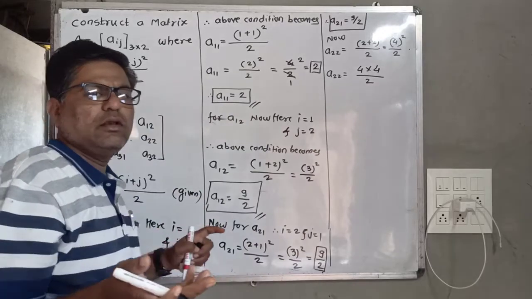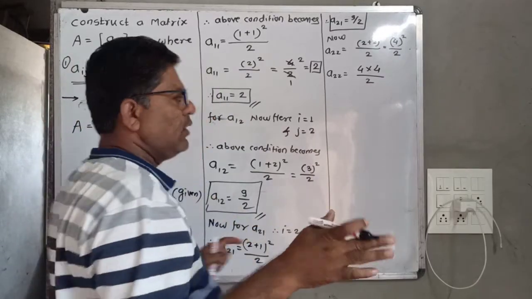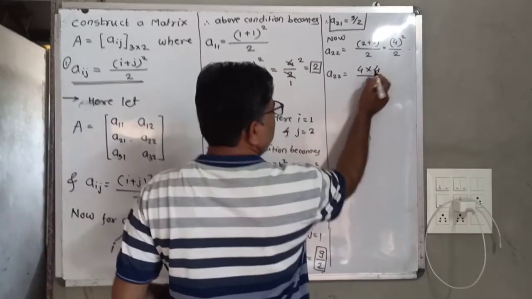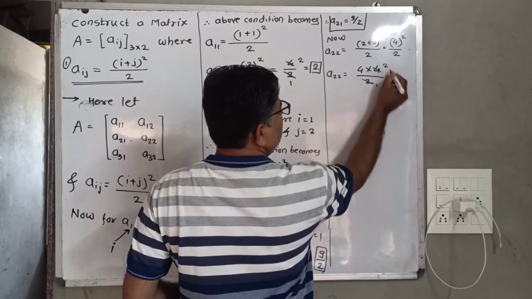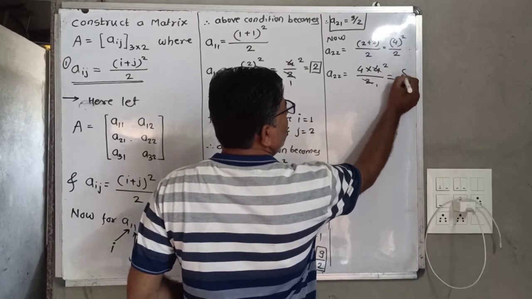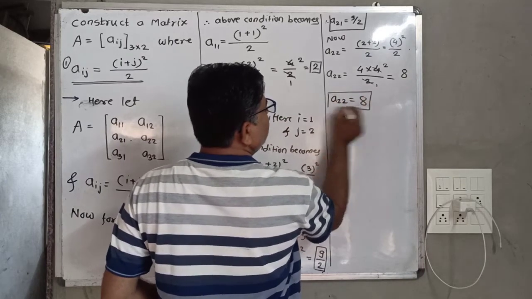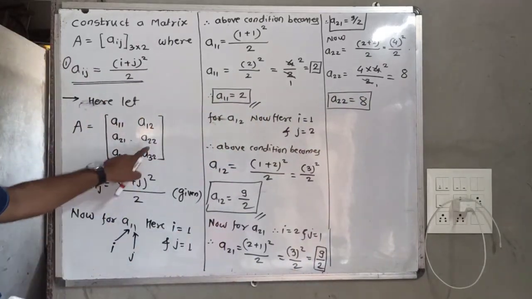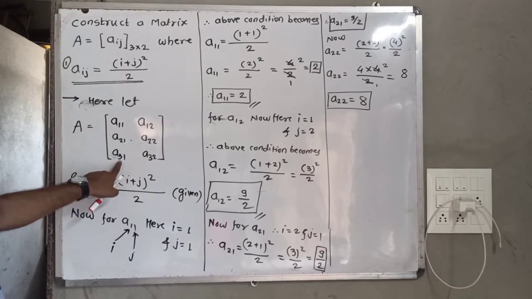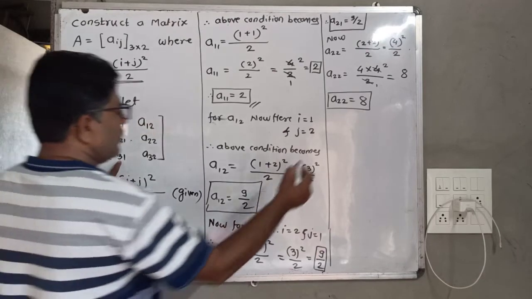You can solve in your own way also, but simplification must be correct. 2 1s are 2, 2 2s are 4, 4 2s are 8. Therefore, the second row, second element is nothing but 8.